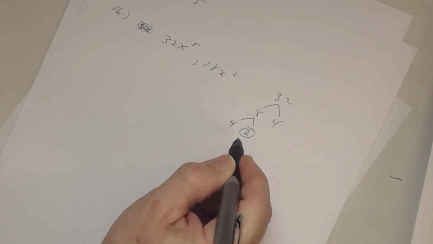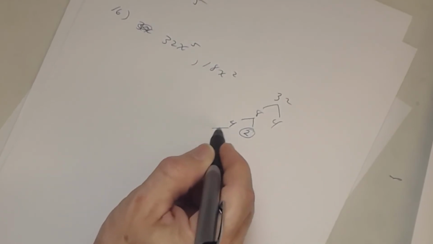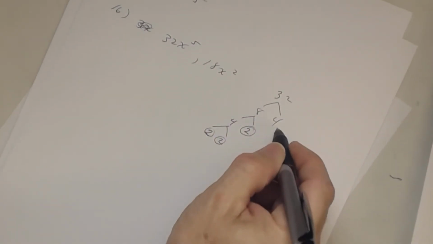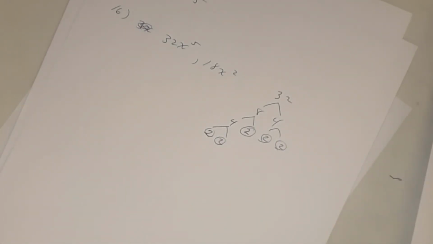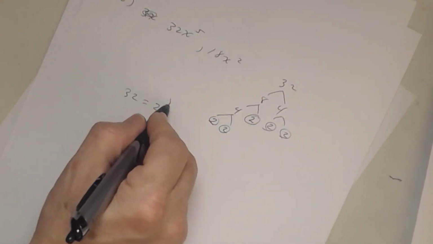This is prime right here, so I stop for this branch. 4 is what? 2 and 2. Those are prime, so I'm going to circle them to remind me that I need to stop. This 4 here is 2, 2. So I'm done with the prime factorization for 32. For 32, it's 2 to the 5th.